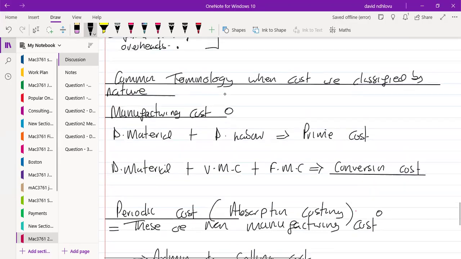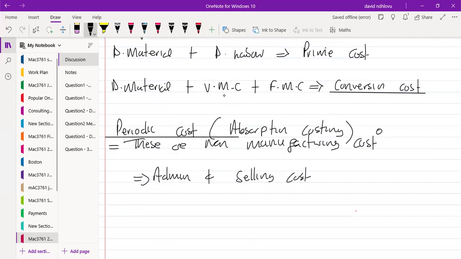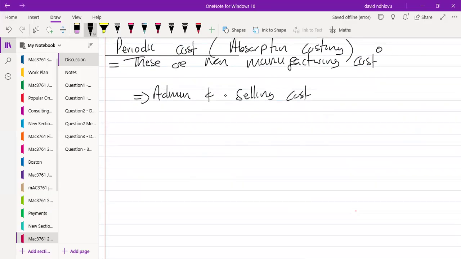Now, the manufacturing cost is a very simple thing. These are incurred in production. And then anything else that is not incurred in production will then be known as a periodic cost. What is the importance of separating these two costs? Right, let's explain that.